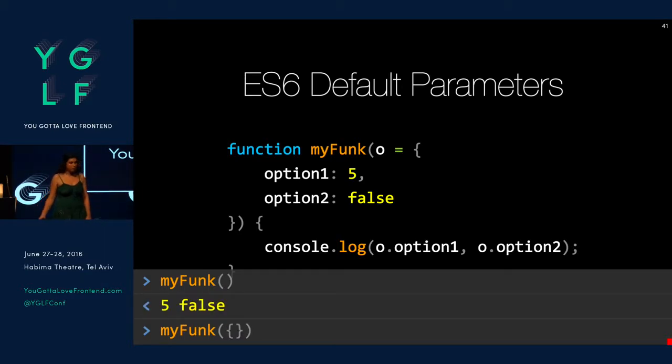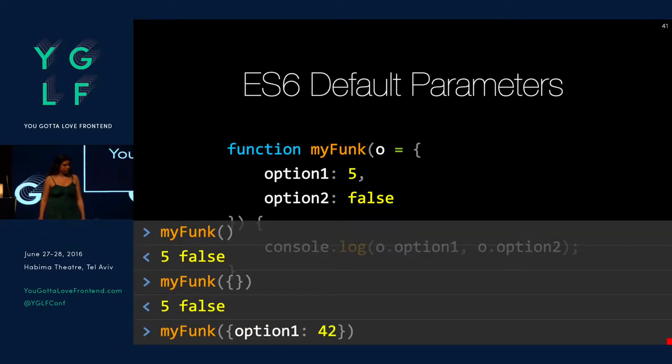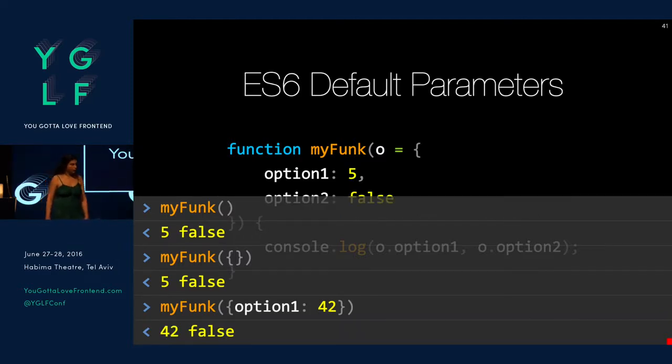If I call it with an empty object literal, I get the default values. If I call it with an object literal that only specifies one option, I get 42 as the value of that option and the default value for the other option. And this is supported pretty much everywhere now in modern browsers, but if you're too worried about old browsers, you can always transpile.